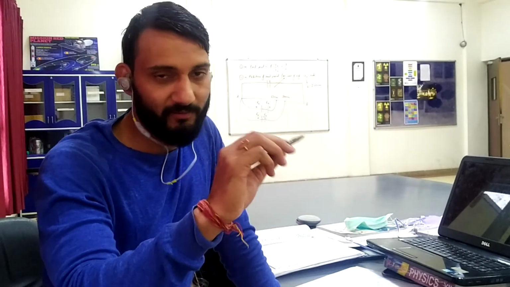So from the observed reading, you will do observed reading minus zero error, whatever kind of zero error you are having. Suppose you have a positive zero error, so it will be observed reading minus the positive zero error, which comes with a plus sign.